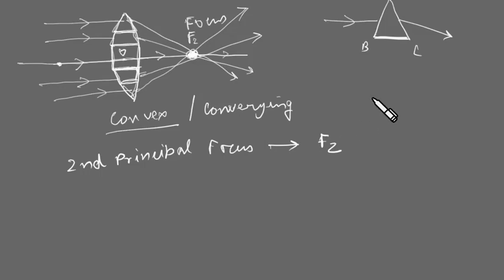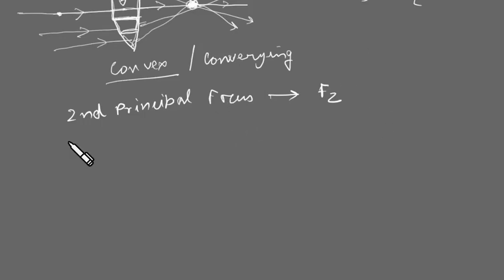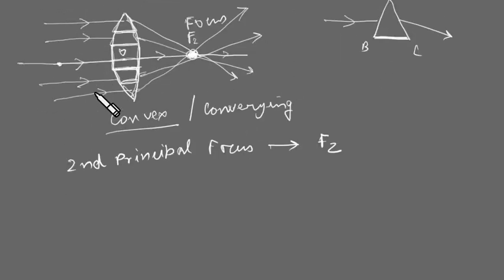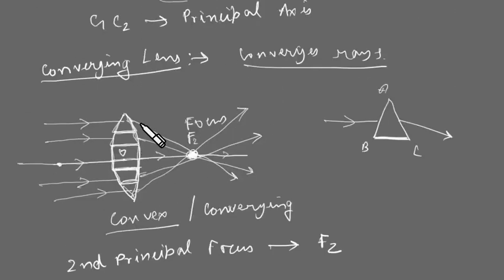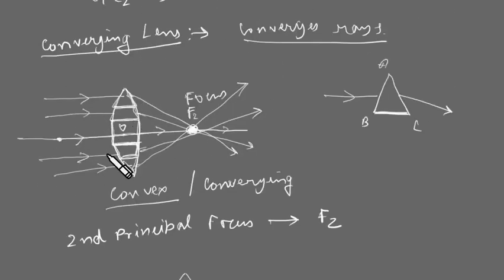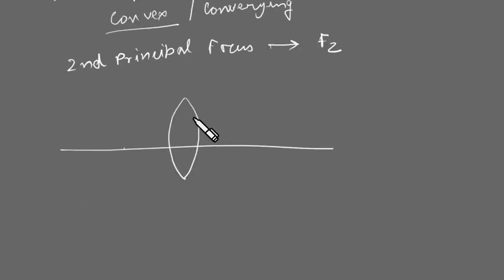But while defining the first principal focus, just remember the reversibility of light. In the previous case, a paraxial beam was coming and after getting refracted by the lens was converging to a point, which is the second principal focus.